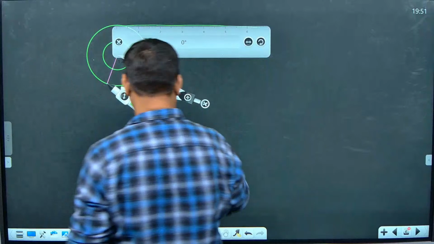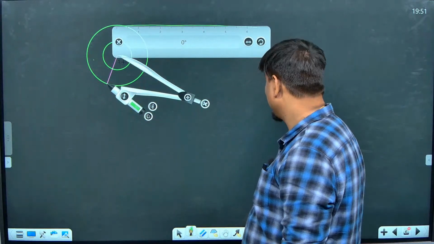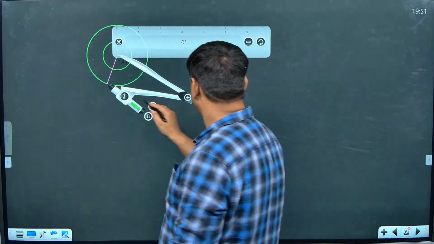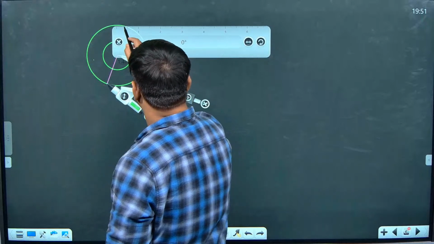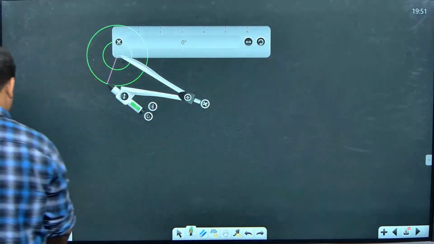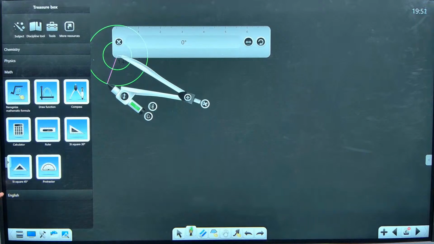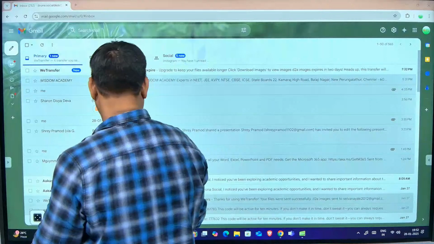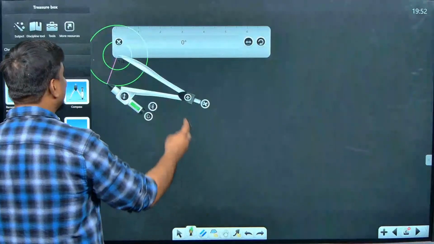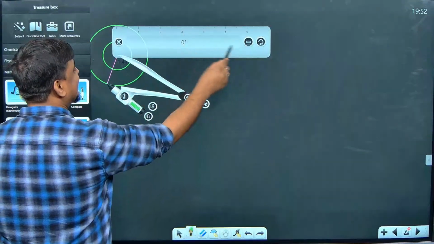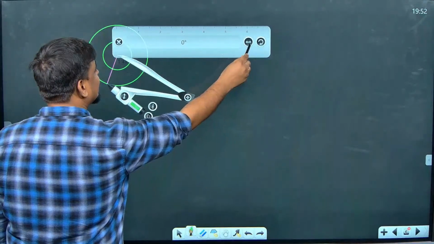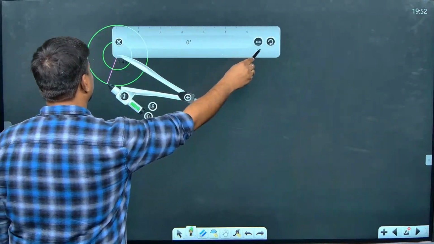What is use? I think I should. Help me, man. Yes. size.